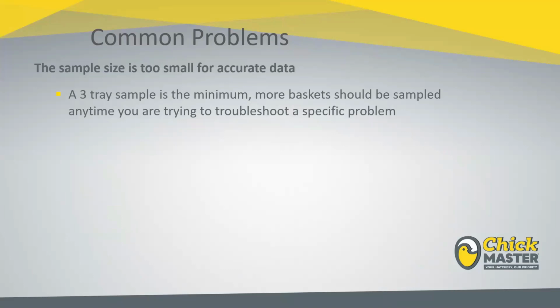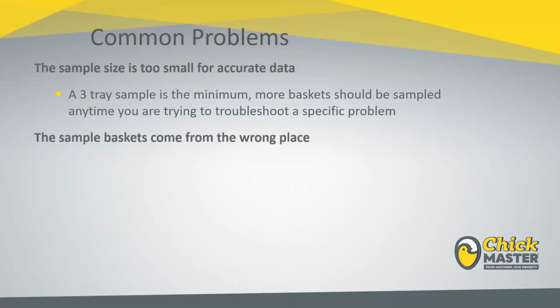But one of the very common problems is that the sample size is just too small. If I've got a large house with a large number of hens at peak production, it's not a very big sample size if I'm only looking at a couple of trays from that entire farm.